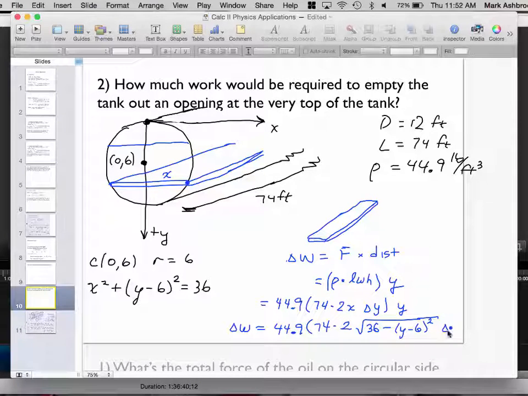That whole thing is the volume. So length times width times height is the volume. Volume times weight density is the weight. So that's the force. The force to lift something is its weight. Okay, and then times the distance it's going to go. Now, because of the way we set up our system here, the distance it has to go is simply y.